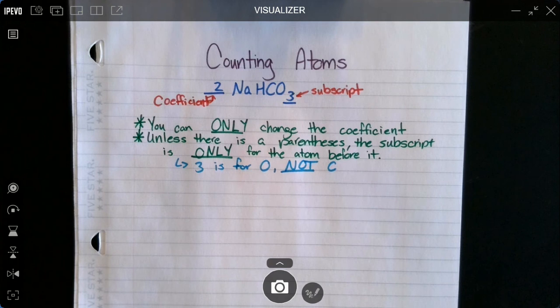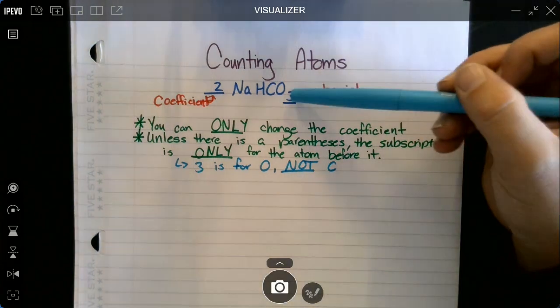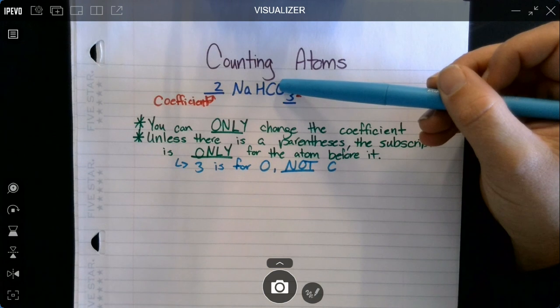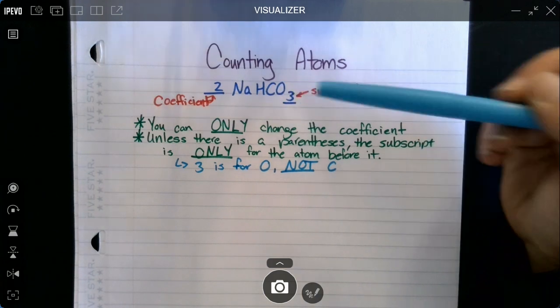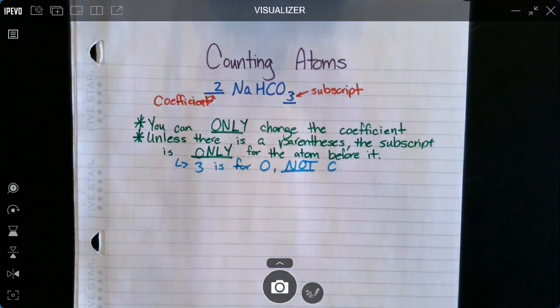So that 3 only belongs to the oxygen. It does not belong to carbon. If there is no parentheses, those brackets, it's only that person's. Don't give it to anyone else. Those are the biggest issues that I see when we do balancing equations.